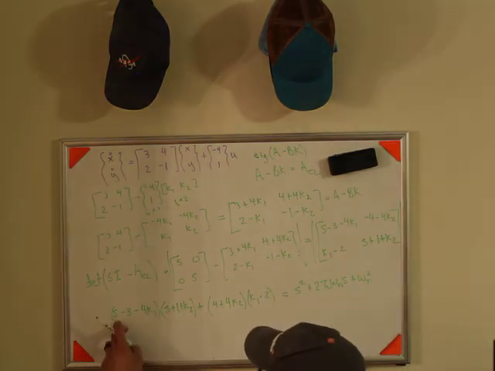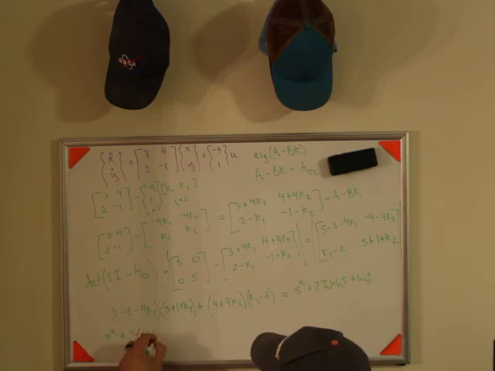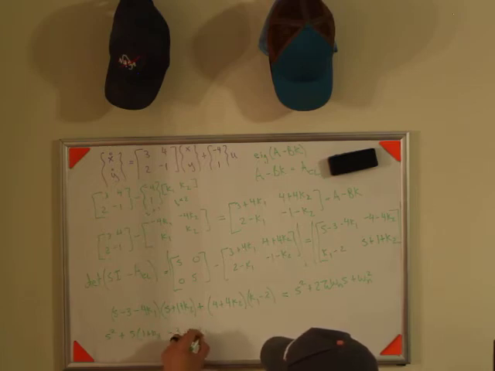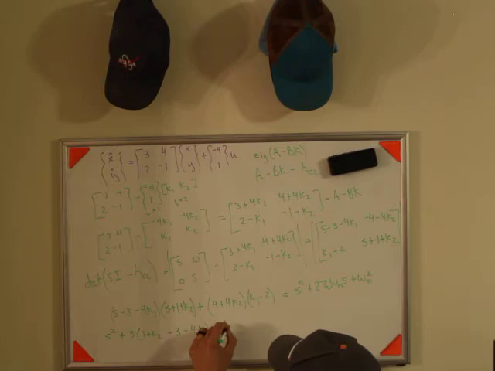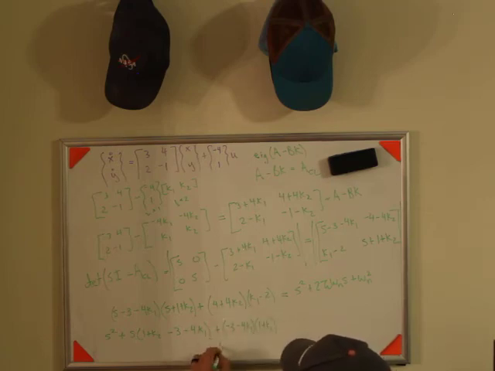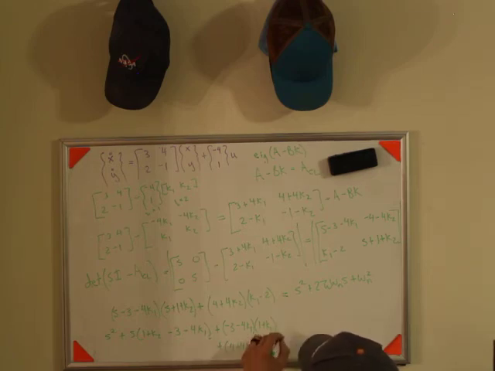So you're going to get S squared plus S times (1 plus K2 minus (3 minus 4K1)) plus (negative 3 minus 4K1)(1 plus K2) plus (4 plus 4K2)(K1 minus 2) equals what?